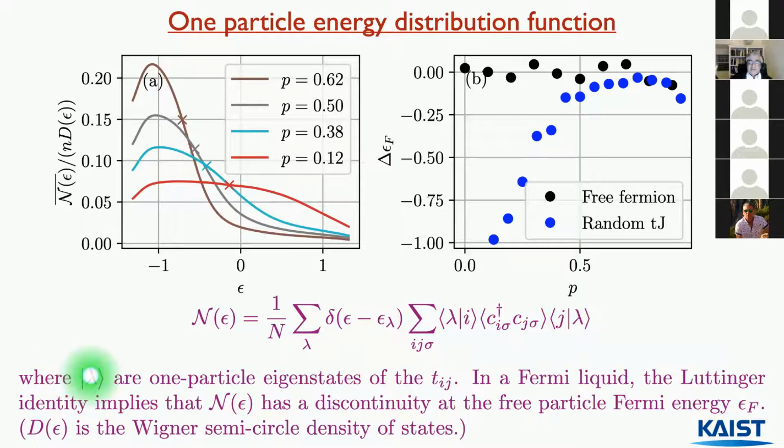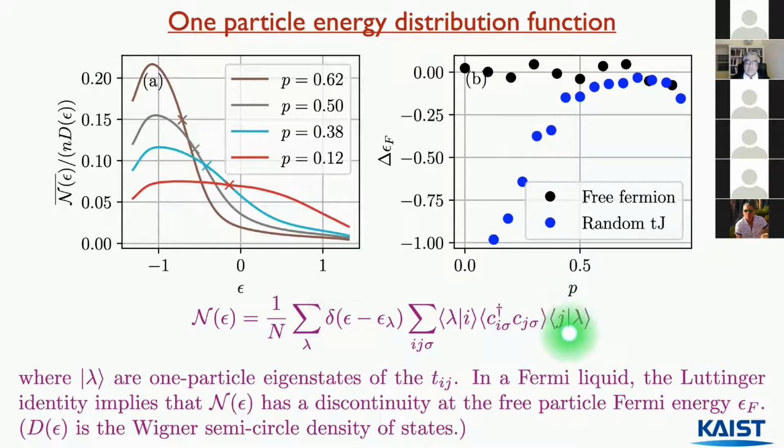This is some single-particle wave function lambda, and then you project, with energy e sub lambda, your single-particle density matrix between sites i and j onto this quasi-particle state, and then look at how this varies as a function of E. And if you had the right quasi-particle wave function, you would see a discontinuity at the Fermi energy.